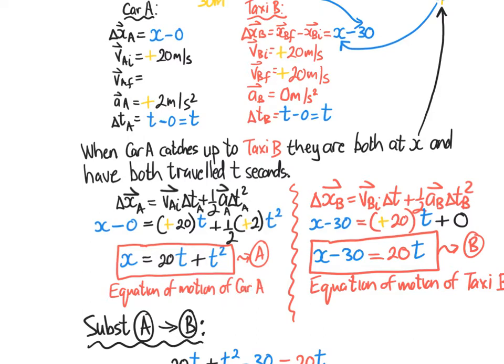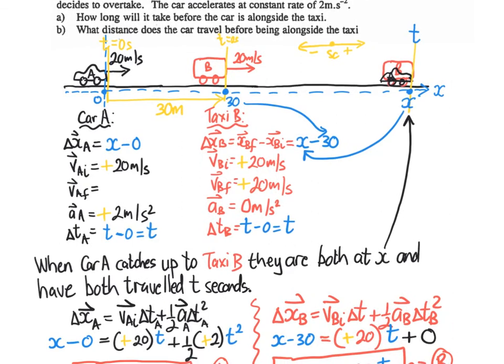So now let's look at the equation of motion for car B. The change in position of car B is x minus 30. Remember, it starts at 30. It doesn't start at 0. So its change in position over this time is x minus 30. And that is really, really important.